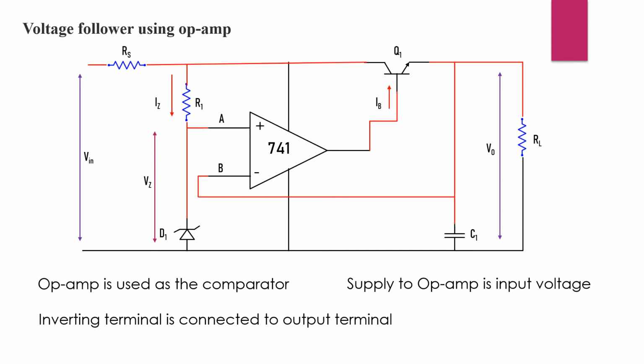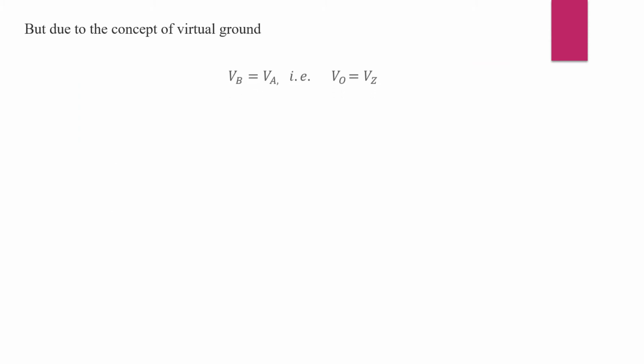So in this case we can state that VB will be equal to V naught, which is the output voltage with respect to the ground, and VA is equal to VZ, that is the Zener voltage. Now using the properties of the op-amp, due to the virtual ground concept, we can state that VB is equal to VA, that is, V naught is equal to VZ.